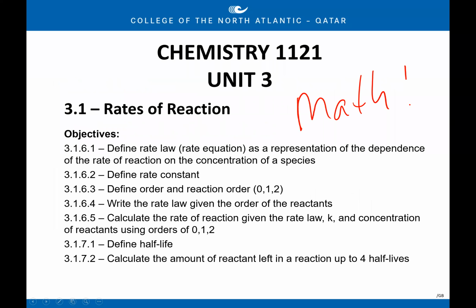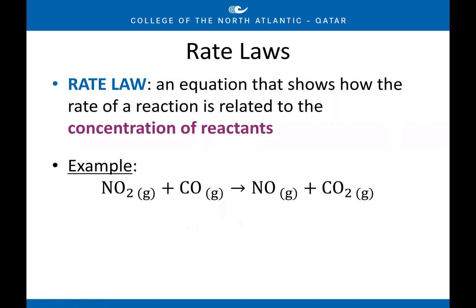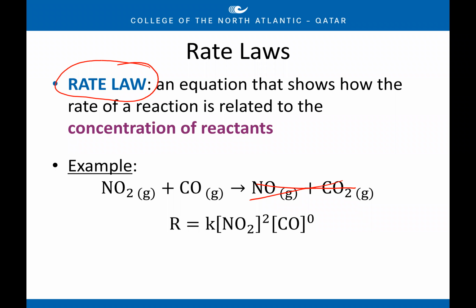I just wrote the word math here. This is a very math heavy unit, or section of a unit. Okay, so like I just said, the rate is the speed of the chemical reaction. When we're looking at the speed of a chemical reaction, we don't care about the products. Now, this is very important that you only consider this for rate law.